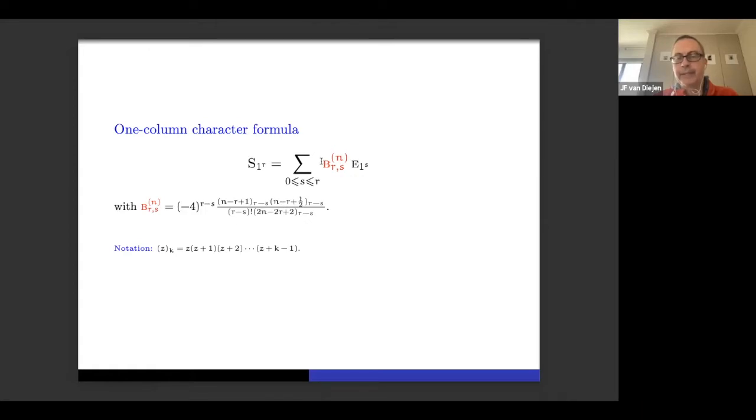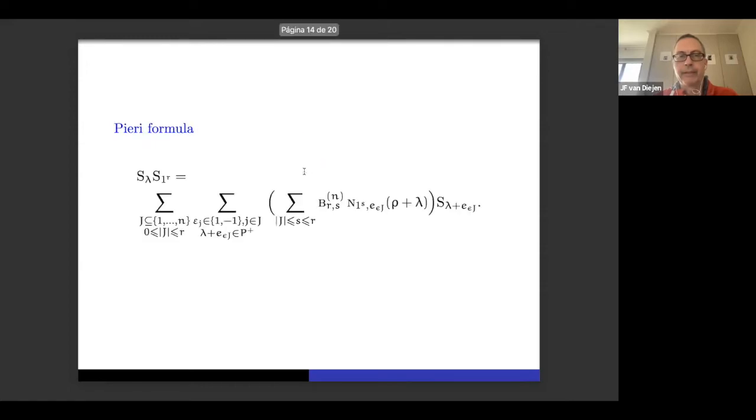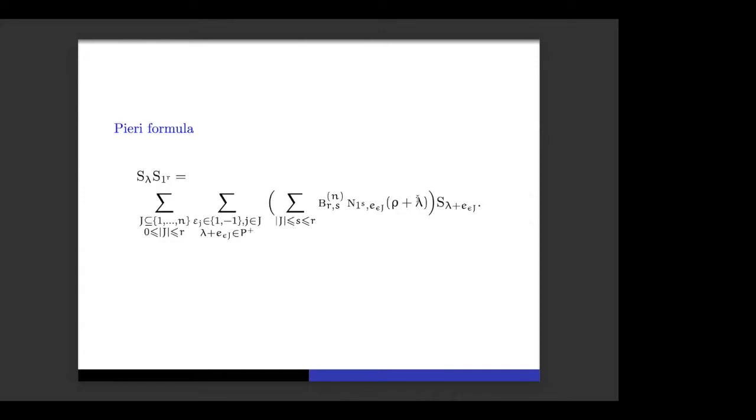And if you combine this one with the recurrence relation, then you get the Pieri formula in the type B case. So here is all this sum over subsets. Basically, you're symmetrizing here over the Weyl group. And here are the coefficients.